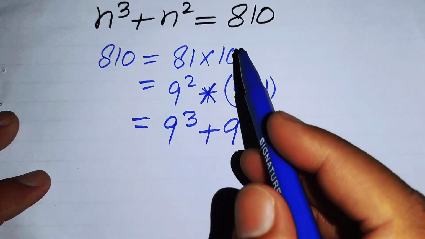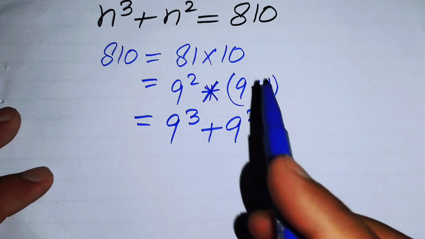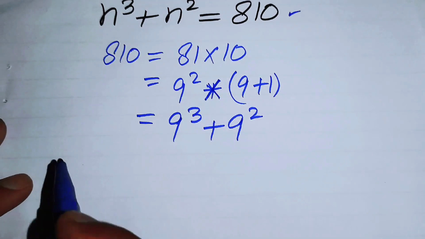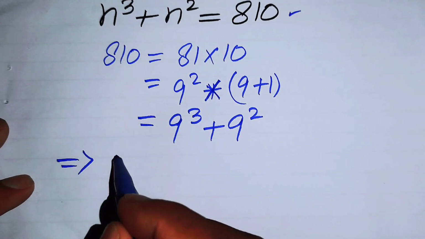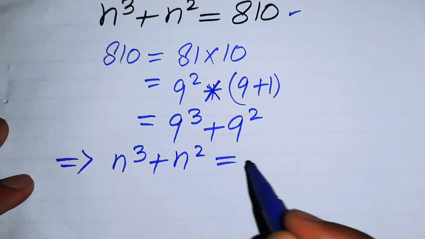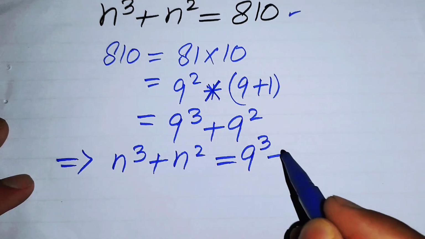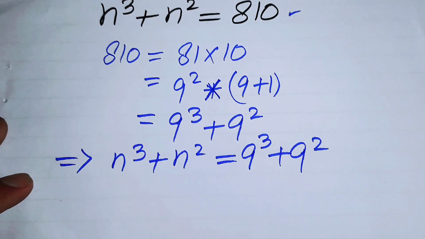So now we replace this 810 by 9 cubed plus 9 squared, so that the given expression will be written as n cubed plus n squared is equal to 9 cubed plus 9 squared.